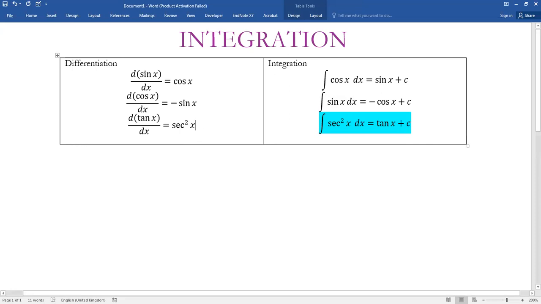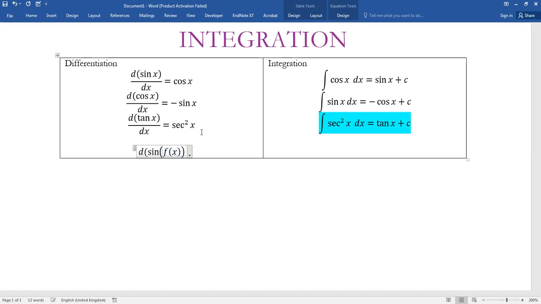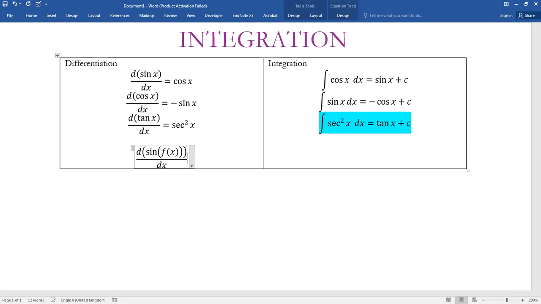Okay, similarly, if you had to differentiate sine of a function as an angle, mostly we had a linear function. What did we get? Cos of the function, the angle does not change, and it is multiplied by the derivative of the angle, right?